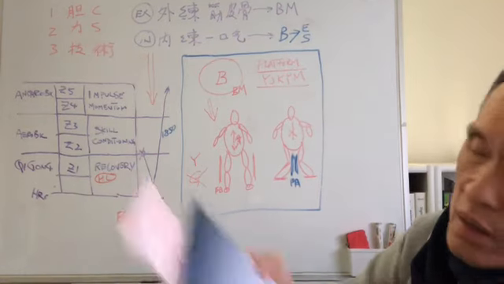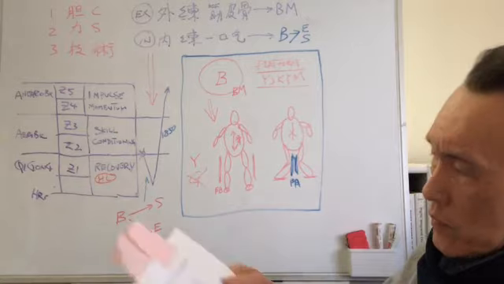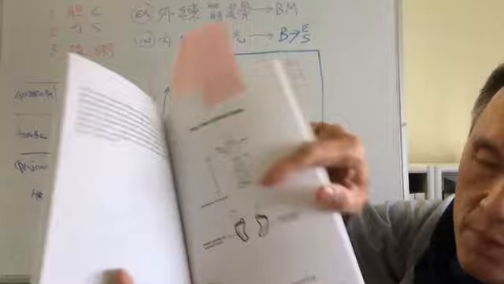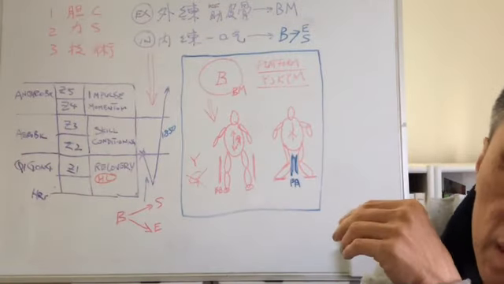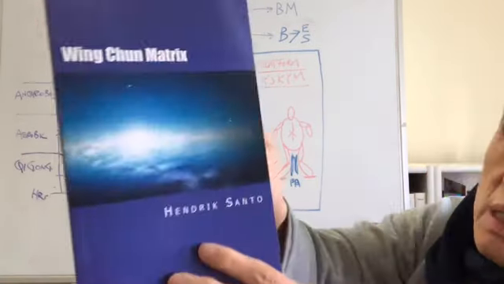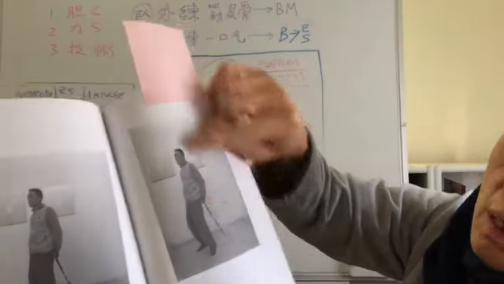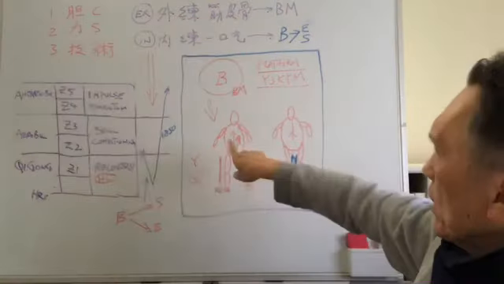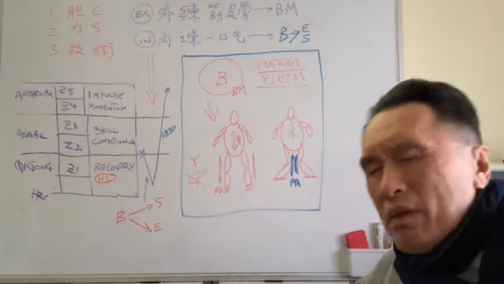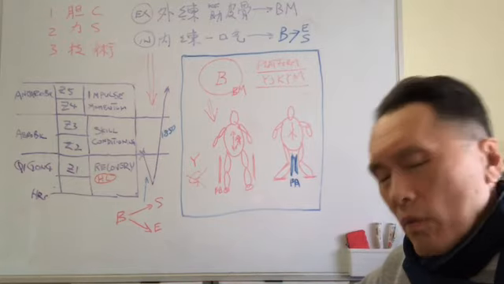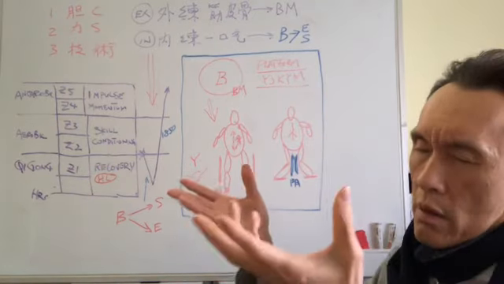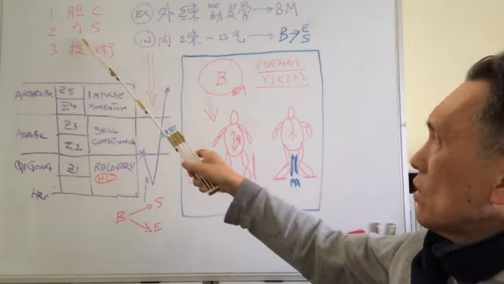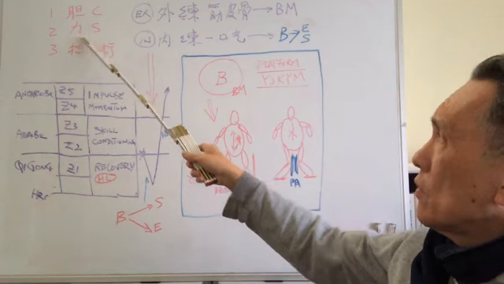And of course, in the beginning Wing Chun, you have all this, how to handle the body mechanics, and then in the Wing Chun Matrix, we are now using our new modern tools to develop this. Because without that type of breathing, one really doesn't maximize the breathing. Okay, and one is not going to develop this thing in a full way.